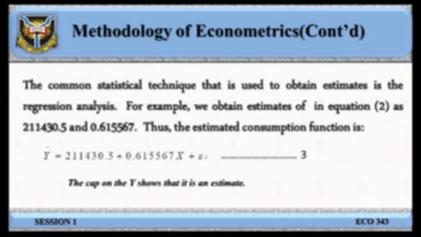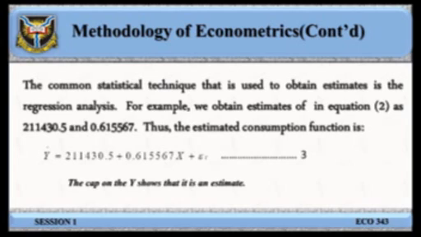6. Hypothesis testing. This is a mechanism in which the estimates of a model are tested against an economic theory. That is, determining how far the estimates of a model, say the consumption estimates in equation 3, conform with the economic theory that is being tested.